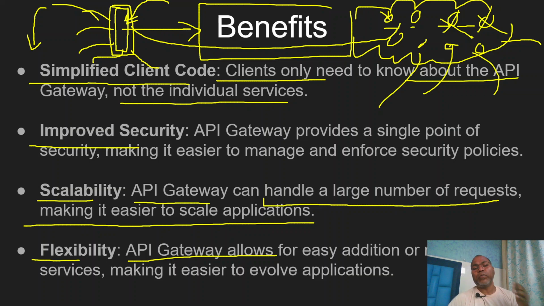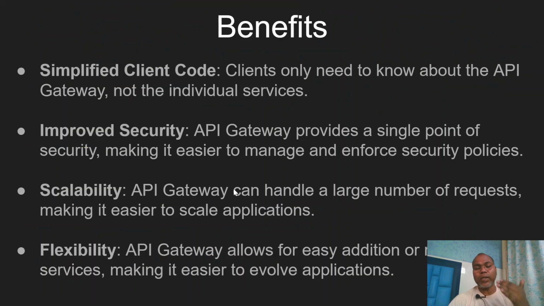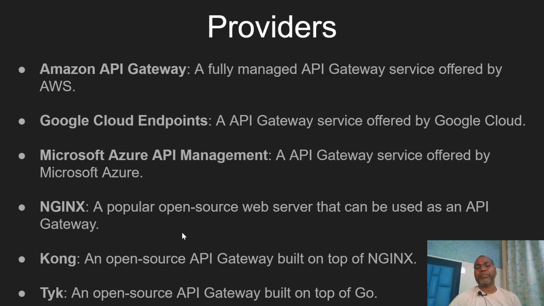So with the help of the API gateway we get lots of flexibility in adding more and more instances of particular microservices, or removing some instances. You can even add new microservices, or upgrade existing microservices. So that's all the flexibility the API gateway gives us.